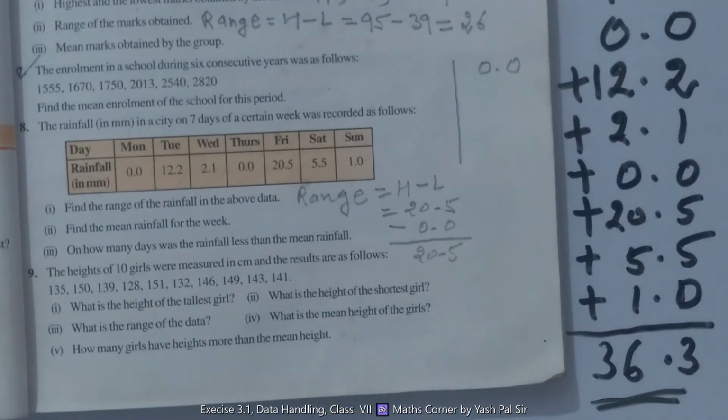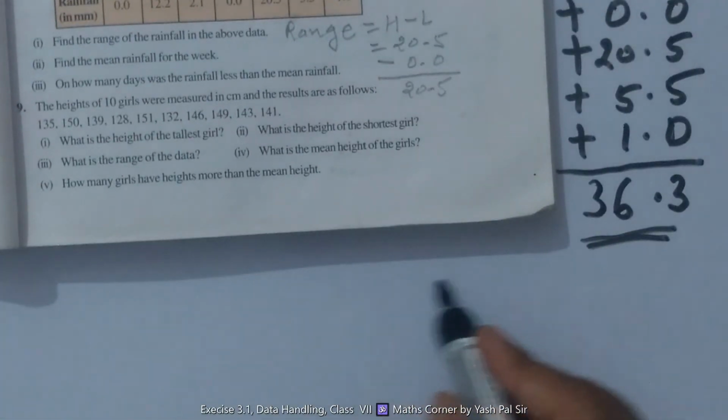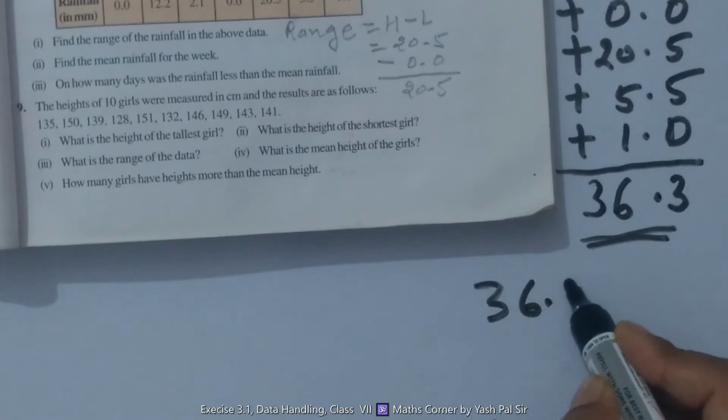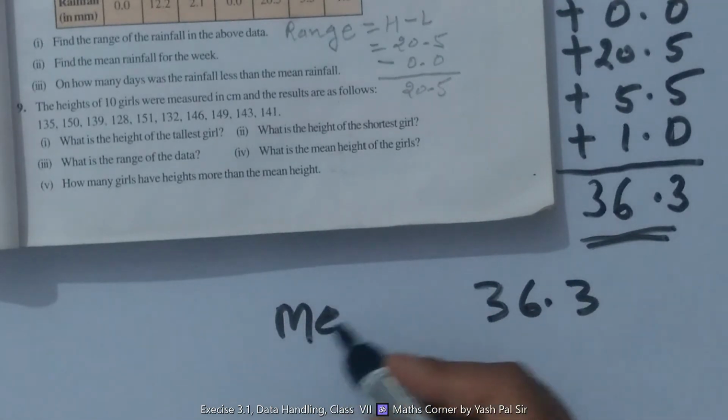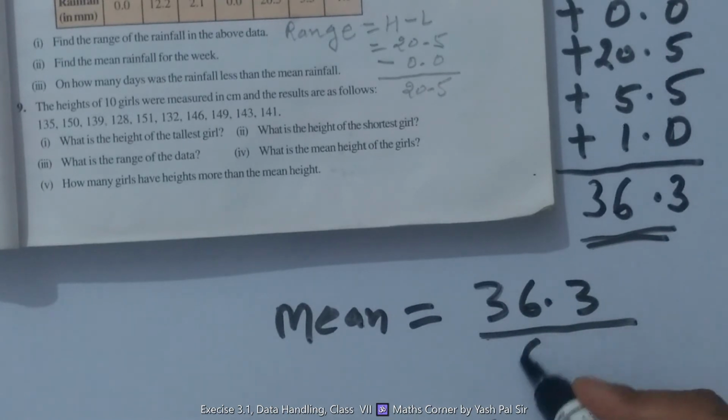So how to find the mean now? We have to divide 36.3. Mean is equal to 36.3 divided by the number of days.